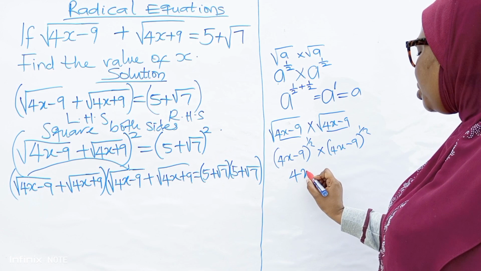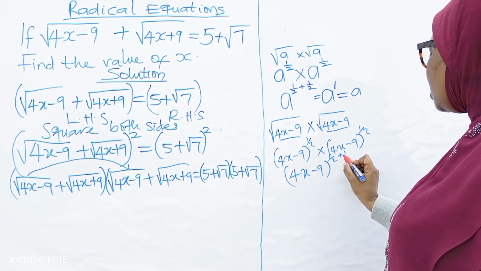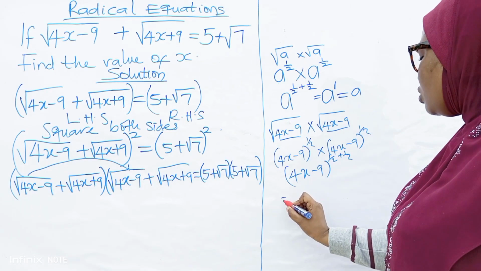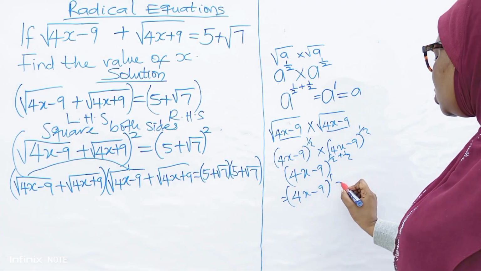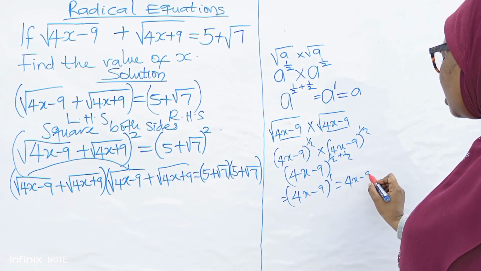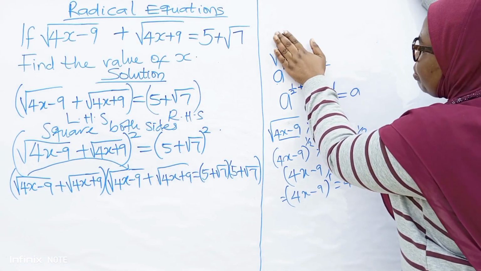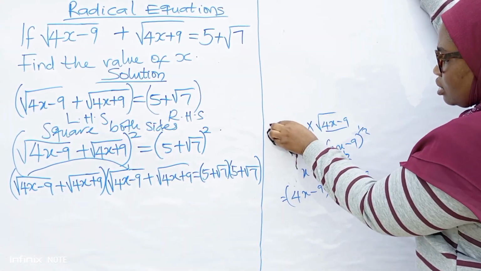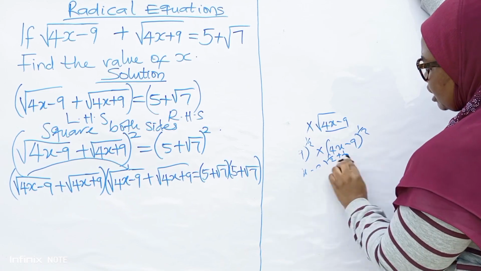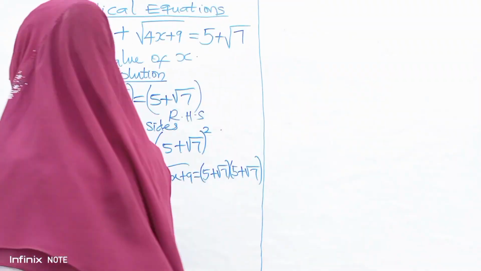Then you take one base, then you add their powers together. So that means you have 4x minus 9 raised to the power 1, which is 4x minus 9. So if you multiply roots that have the same base together, you take the base and cancel the root. So here we have 4x minus 9.